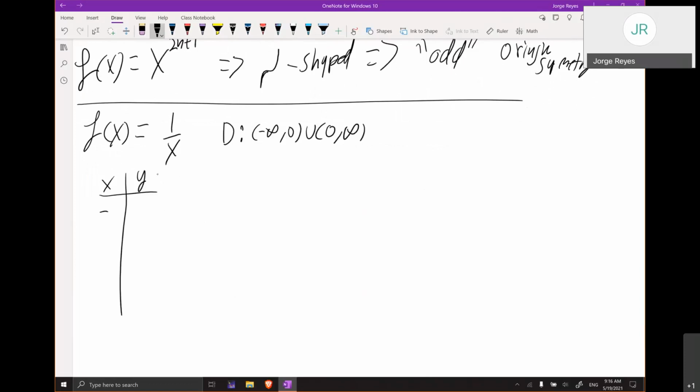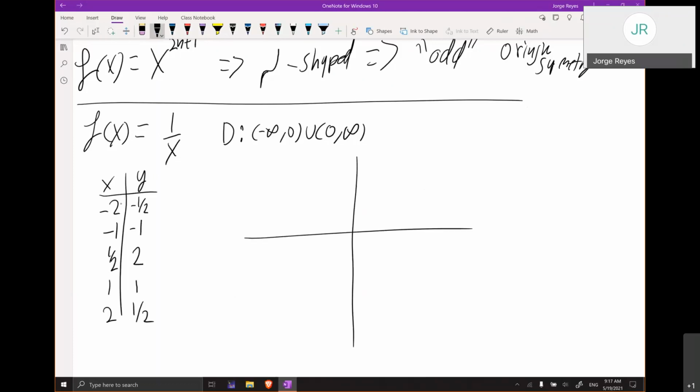So -2, -1, well, instead of 0, I'm going to plug in 1/2. 1, 2. Let's just see what happens. So I'm going to get -1/2, -1. When I plug in 1/2, I'm actually going to get 2. 1, 1/2. And maybe I should plug in more points like -1/2 and -1/3 and so on. But this is what this looks like.